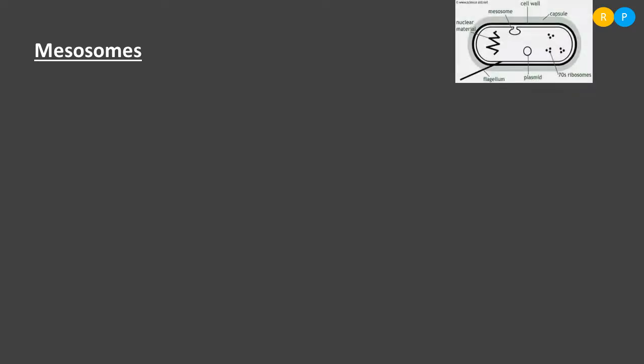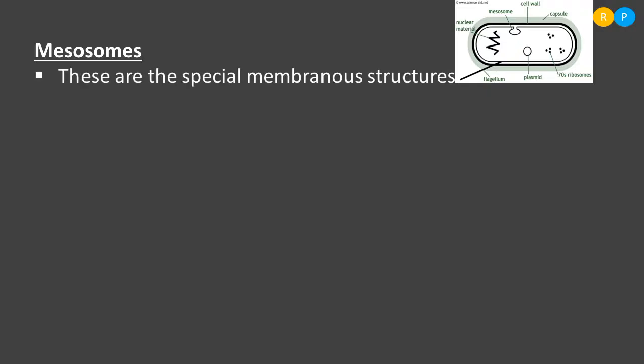We know the plasma membrane is the innermost layer. This layer enfolds towards the cytoplasmic region and forms a sac-like structure. That structure is nothing but the mesosome. Because they are formed from the extension of the plasma membrane, we can call mesosomes a membranous structure.